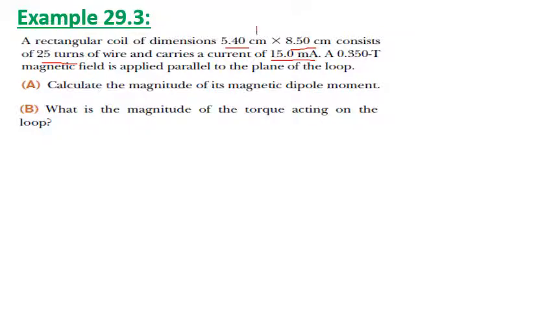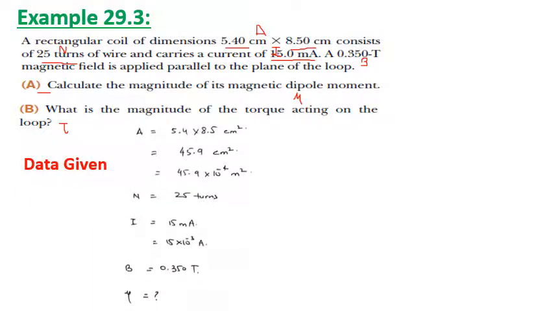So this will give me the area, these are the number of turns, and this is I, and 0.350 Tesla, that is the magnetic field, is applied parallel to the plane of the loop. We have two parts. A, calculate the magnitude of its magnetic dipole moment, that is we have to find mu, and B, what is the magnitude of the torque tau acting on the loop, so we have to find tau.